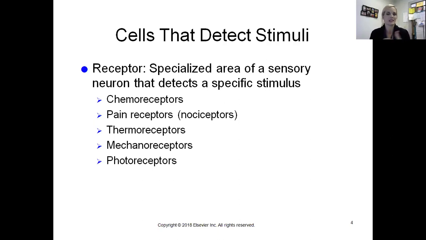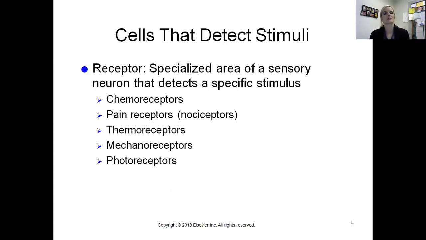These are all listed here for us, but those are what receptors are. They respond to changes in our world. They're a specialized area of a sensory neuron that detects the stimulus. And again, the stimulus is the different changes that I'm explaining, whether it be a sight of some sort, or a sound, it could be a smell, and it could be a touch.